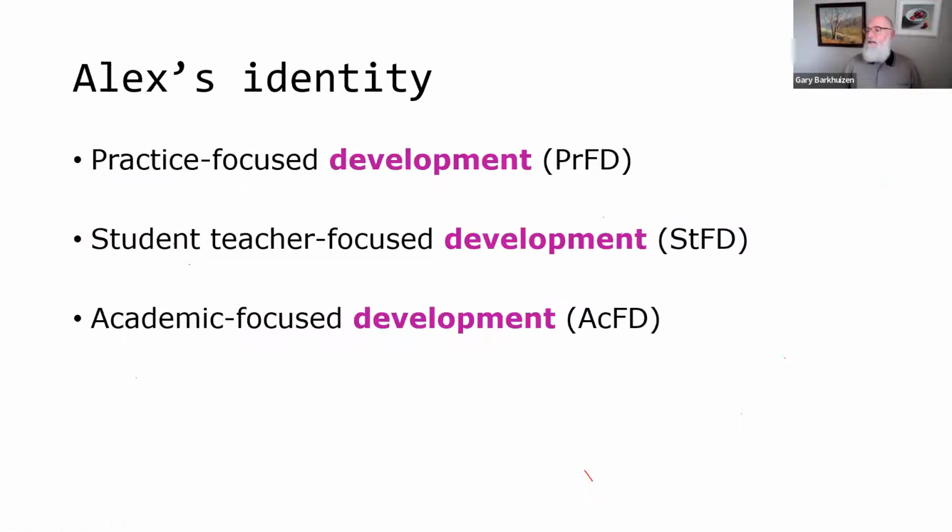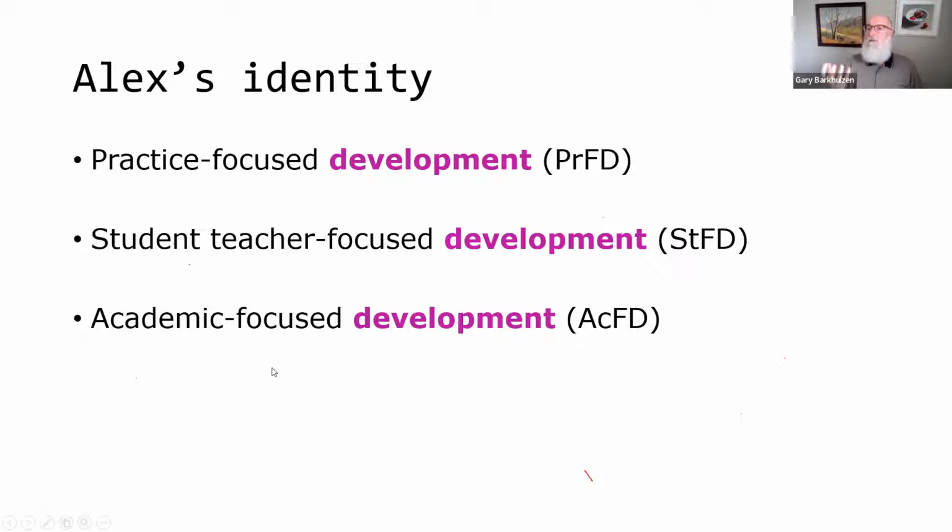So with Alex, his development is practice focused in terms of his teacher education practice. He wants to be able to make sure his curriculum module is a much better module for the sake of his students. So he's also student teacher focused. His development is directed, focused towards the development of his student teachers. It's also academic focused.